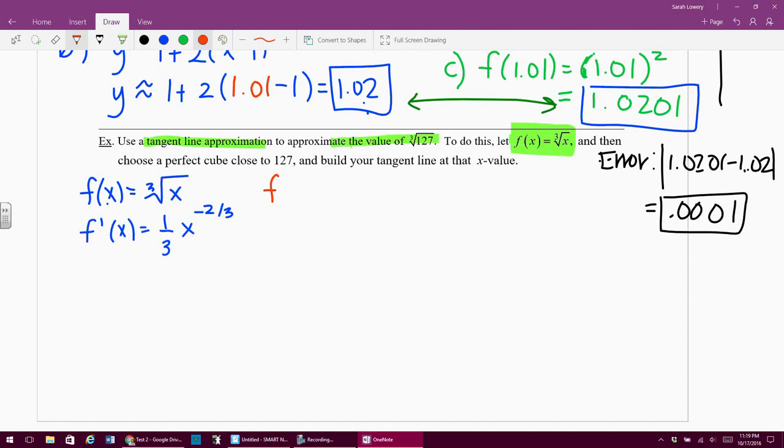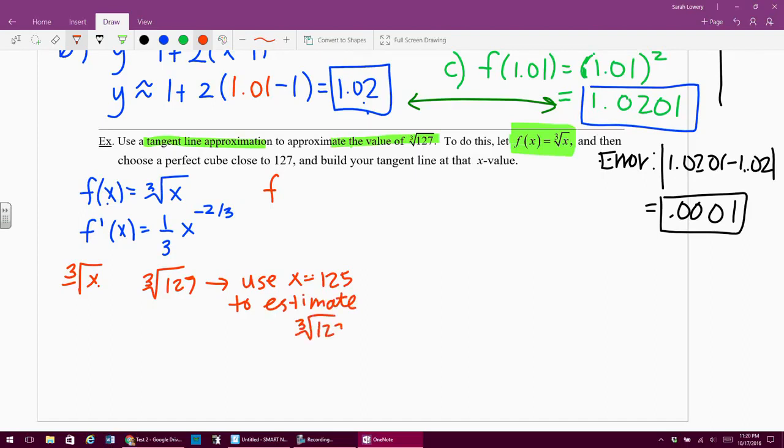Keep in mind, if we're talking about the cube root of x, and I want to estimate the cube root of 127, I need to figure out a number that's pretty close to this. So we're going to use x equals 125 to estimate the cube root of 127.